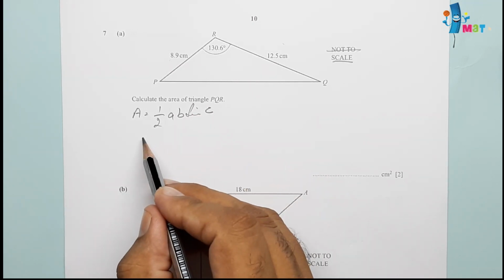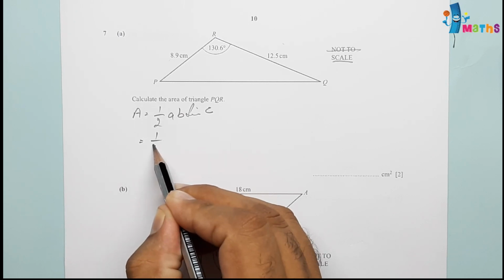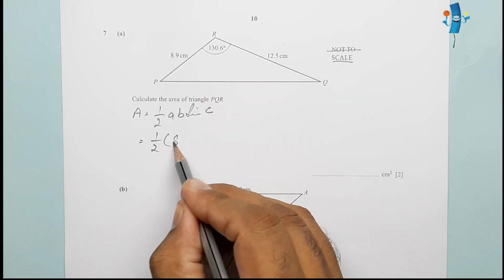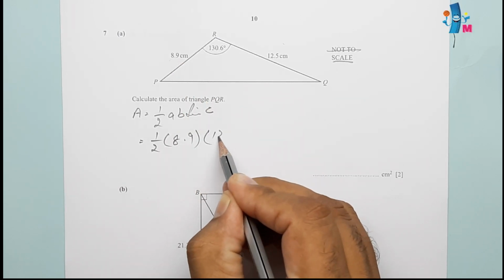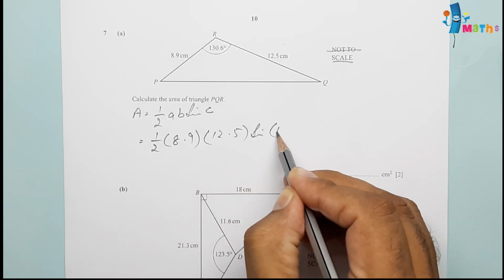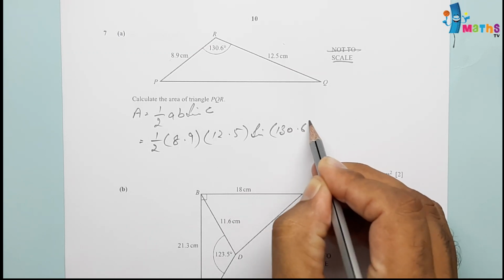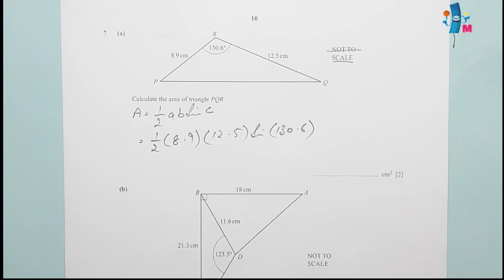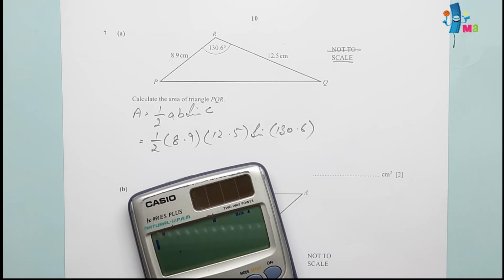So AB will be 1 by 2 into A is 8.9 and B is 12.5, and sine of the angle is what? 130.6. So we will use calculator to solve this one.